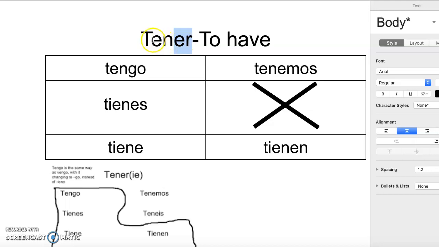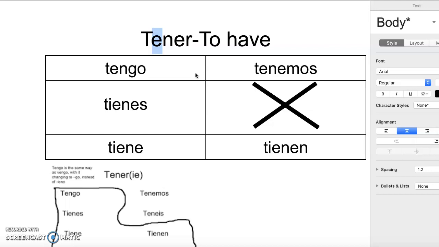Here's what changes. So if I'm a person who needs to write words in my notes to keep me accountable to remember this information, here's what I write. That the E that I highlighted changes to IE. But Señorita Barzeski, I don't see that the E changes to IE in every form. Correct.